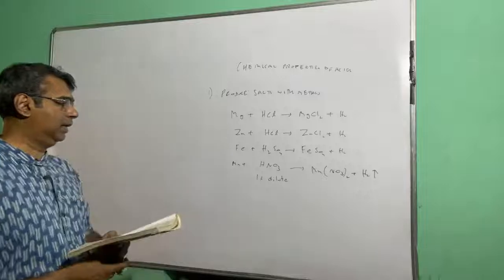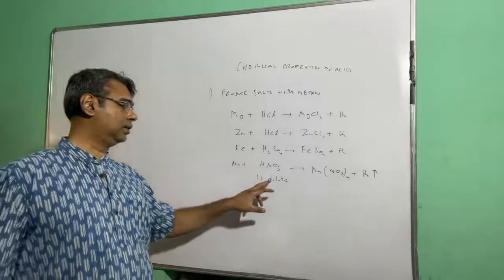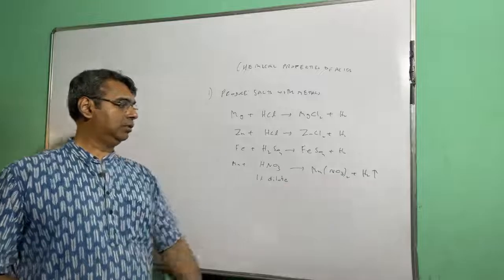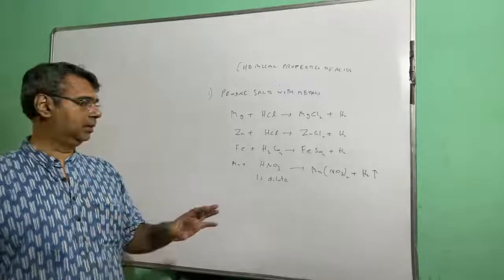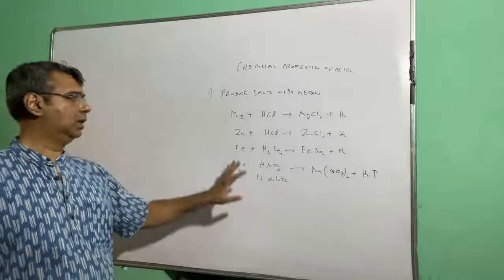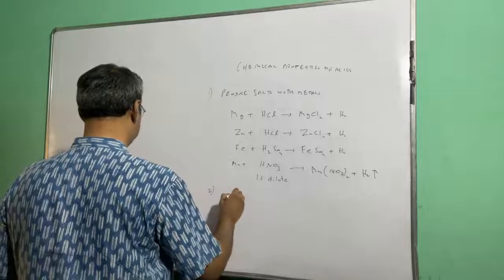So you have to take very dilute nitric acid and react it with either manganese or magnesium. So this is the first chemical property. Then chemical property number 2.